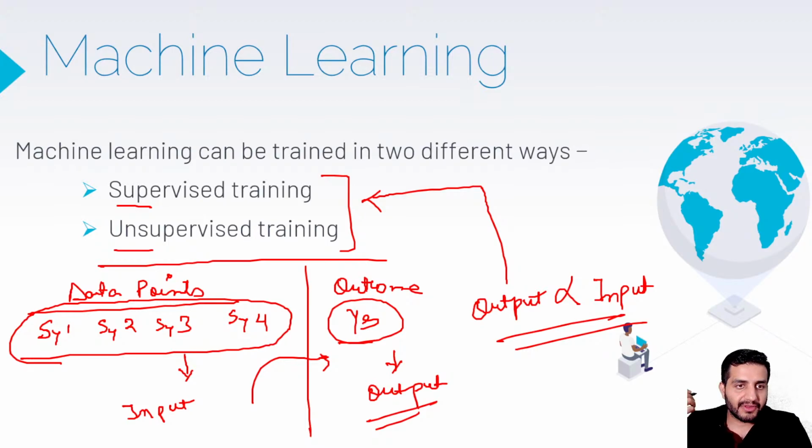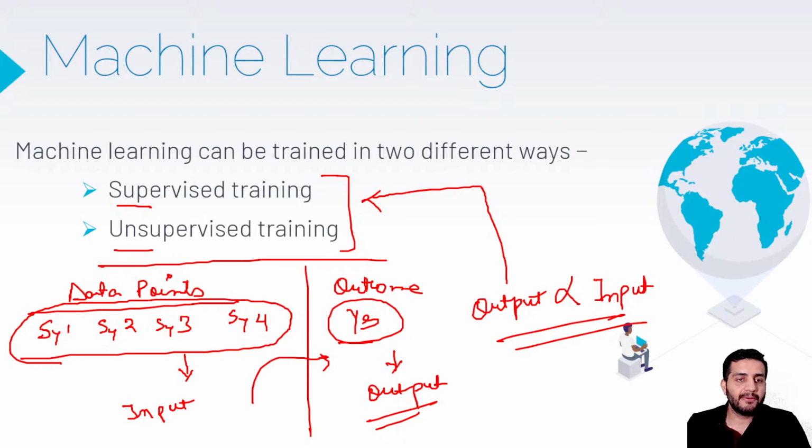So I have the ultimate output value also with me. That is where I have the output variable, which is directly dependent on the input feature sets. That is what we call my supervised method. I have the supervision where I can relate my inputs directly with my outputs.